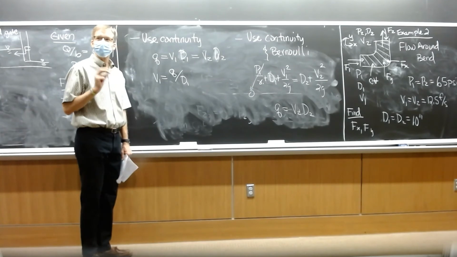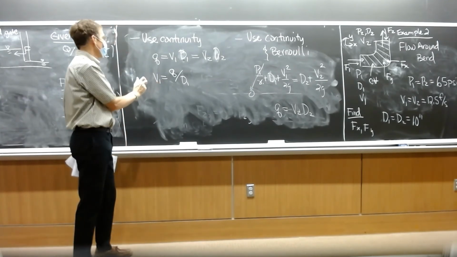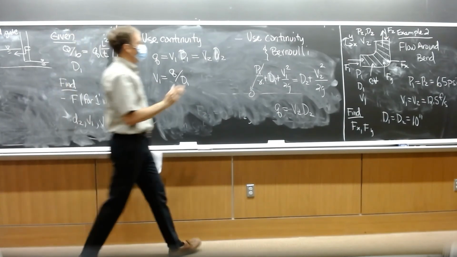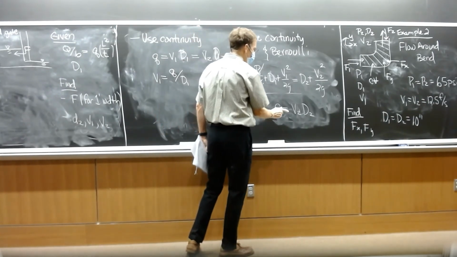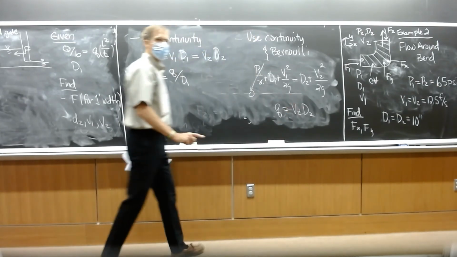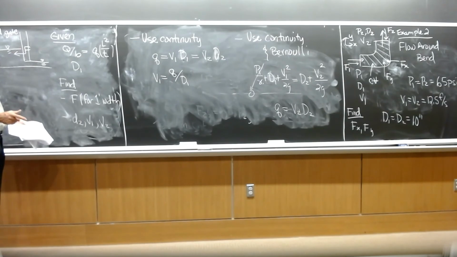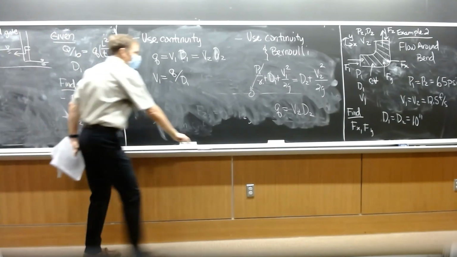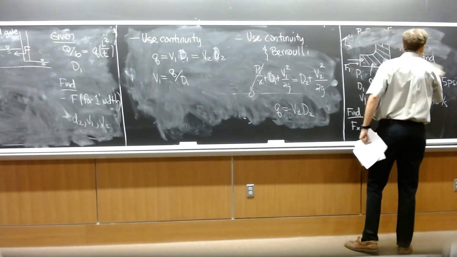One, using continuity to find the upstream velocity, and then continuity and Bernoulli to find the downstream velocities and depths. And then once you've calculated that, you can use the momentum equation to find the force on the gate. All right, so let's just say we know all of those things.